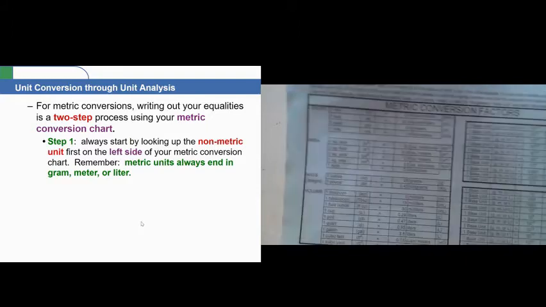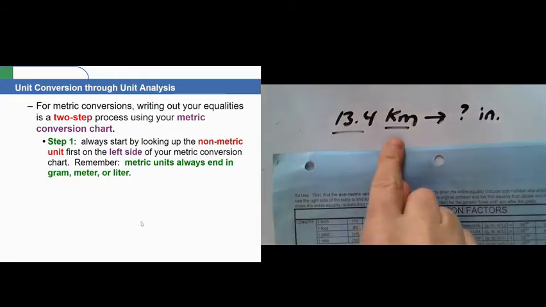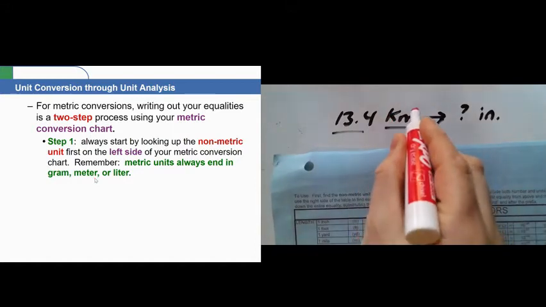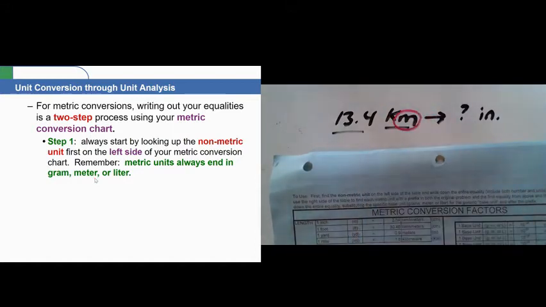So let's say in our example, we're going from kilometers to inches, right? Well, metric units always end in gram, meter, or liter. So between these two, which one is the metric? Well, since it's kilometers, since that ends in meters, that's the metric unit.